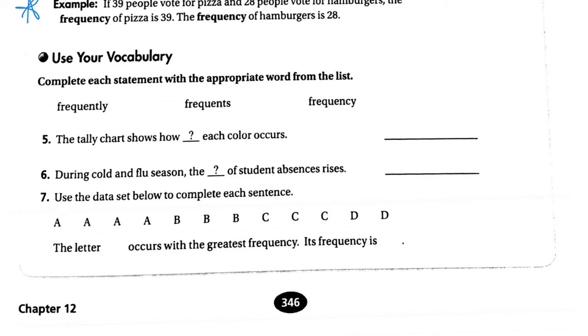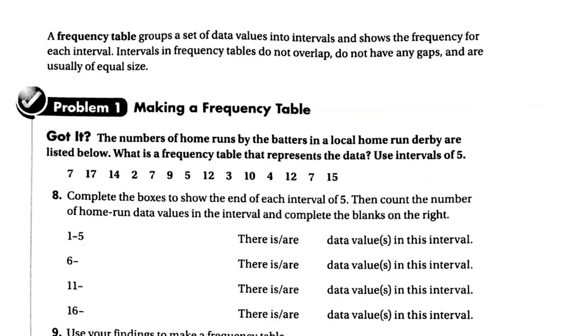So if you haven't done so already, go ahead and try these out. They help you review and practice the words and word choice with frequency. To get that same idea going, we're going to go over what a frequency table is as well.